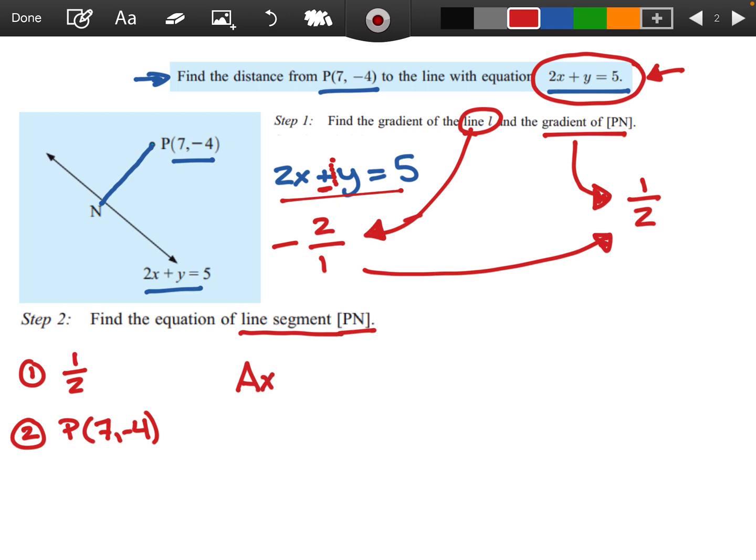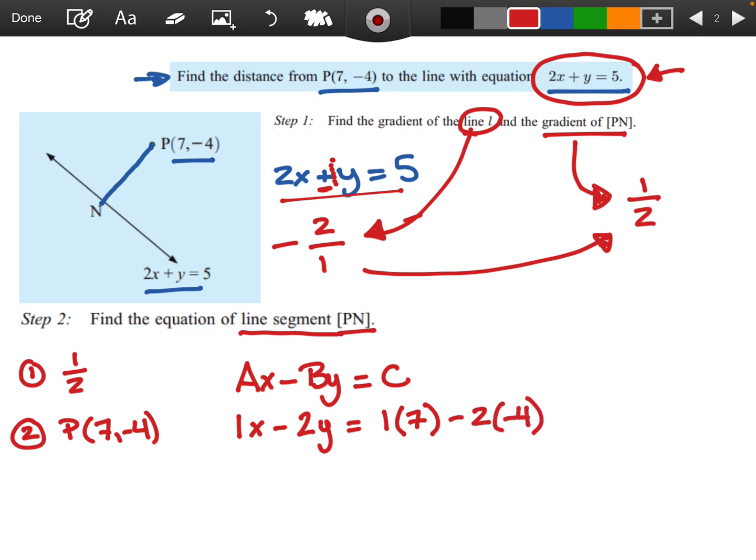So Ax, and this will be minus By equals C, minus because my slope was positive. So then I'm going to insert the 1 next to the x, minus the 2 as the coefficient of y, and then I'm going to do the same thing on the other side, but I'm going to plug in the value of x from my coordinate, and I'm going to plug in the value of y from my coordinate, and then I'm going to simplify this.